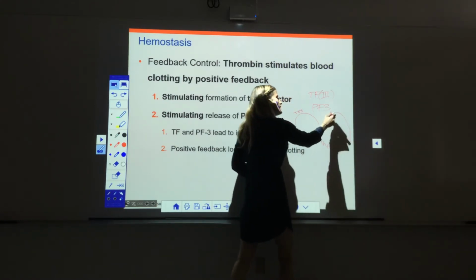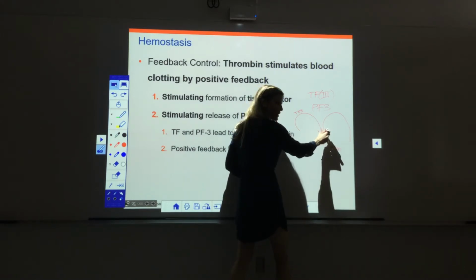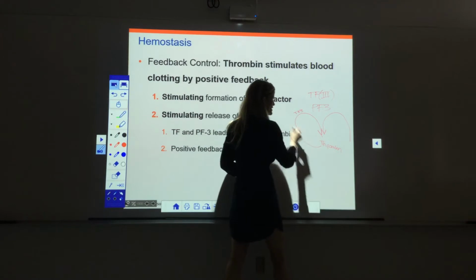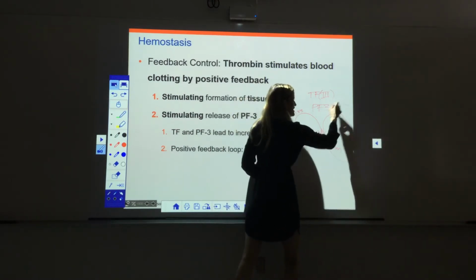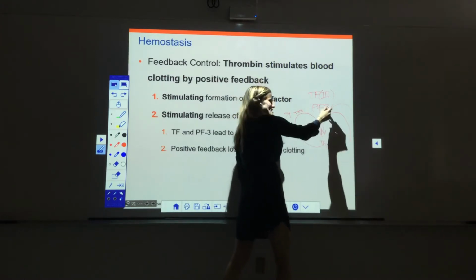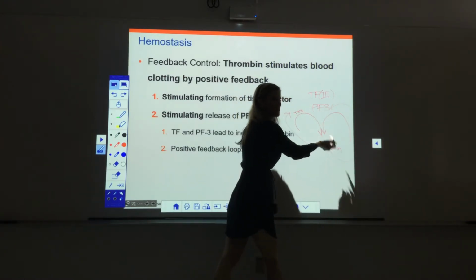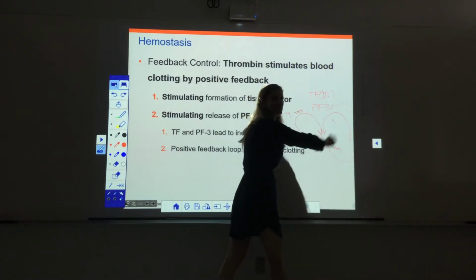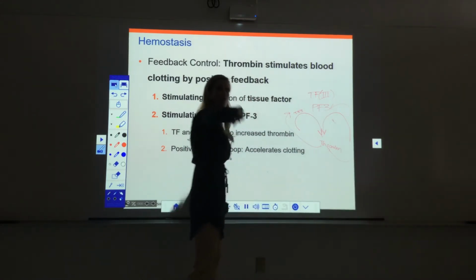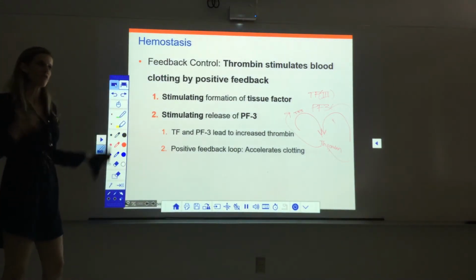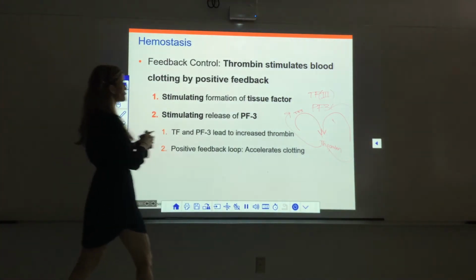That ultimately leads to the common pathway, which activates thrombin. Thrombin causes the release of more tissue factor and more platelet factor. Tissue factor stimulates more thrombin. Platelet factor stimulates more thrombin, right? Thrombin stimulates the release of both of them. So it's this positive feedback loop that results in more and more thrombin being created, which causes more and more fibrin, more and more clotting.